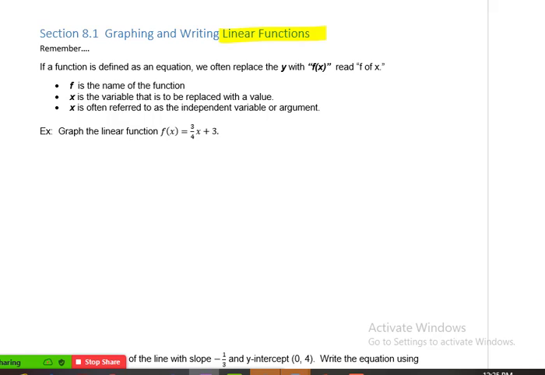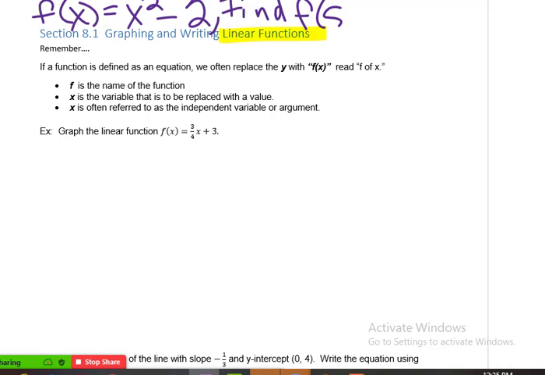I could have given you a function like f of x equals x squared minus 2, and I probably did say, find f of 5. When you had f of 5, f is the name of the function, and 5 is the value of x. That's what we worked with.